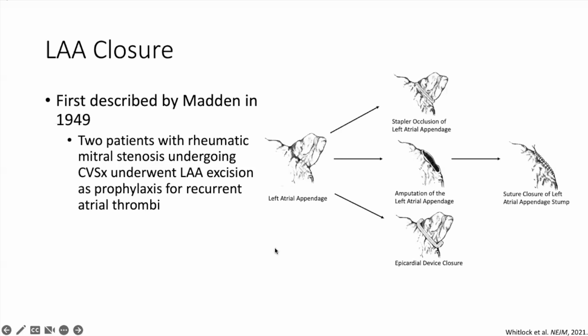And now today there are different forms of surgical closure of the left atrial appendage that exist. So there are commercial devices that can work, epicardial device closures, staple kind of occlusions, amputation followed by suturing closed of the stump, which the surgeons can choose from.